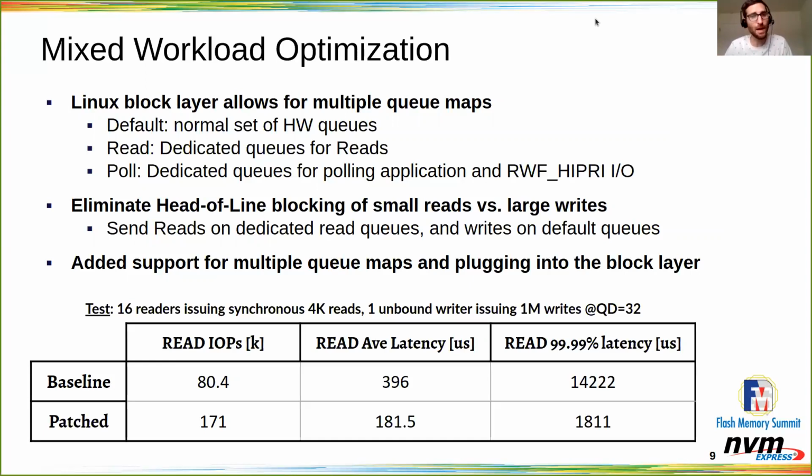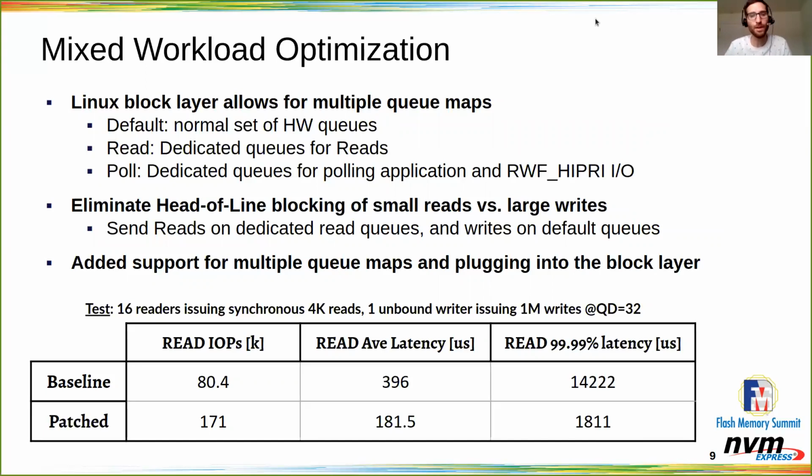separation of different queue maps that the Linux block layer allows today, that can define that different IO types can use different queues. So we have 3 different queue maps in Linux. One of them is the default. Basically, it will host the default set of queues.